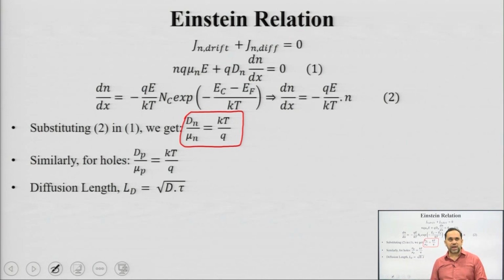Eventually I get this relation where D by mu is equal to kT by q. Now, this is for electrons. You can do the same thing for holes, except that you are going to have one minus sign here and one plus sign here. So, eventually the relation is going to be the same.